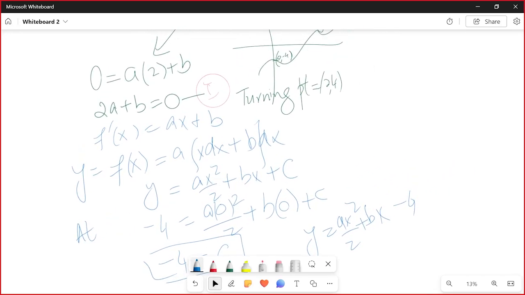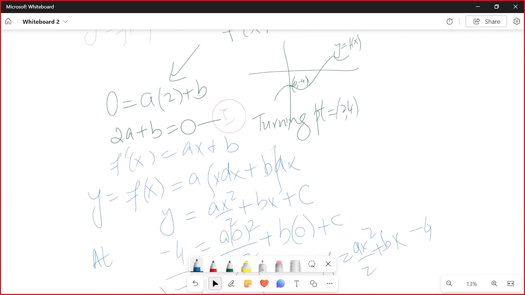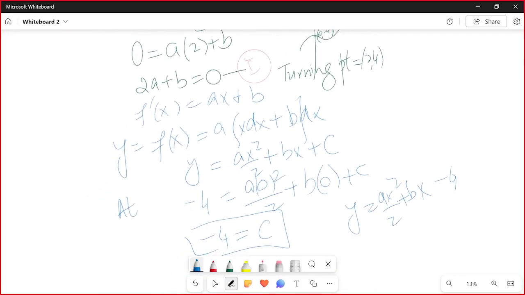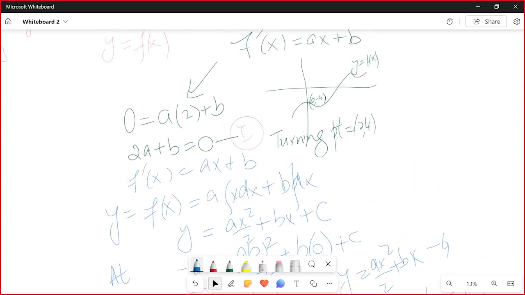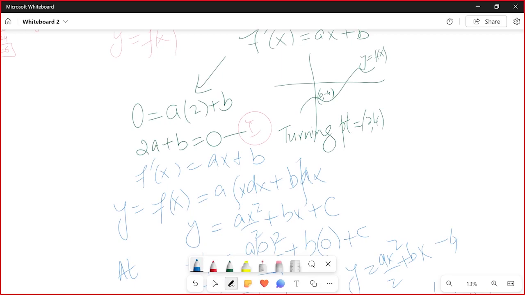We had the first relation, 2a plus b is equal to 0, and that we found out from the turning point, right? But we have also one more equation.